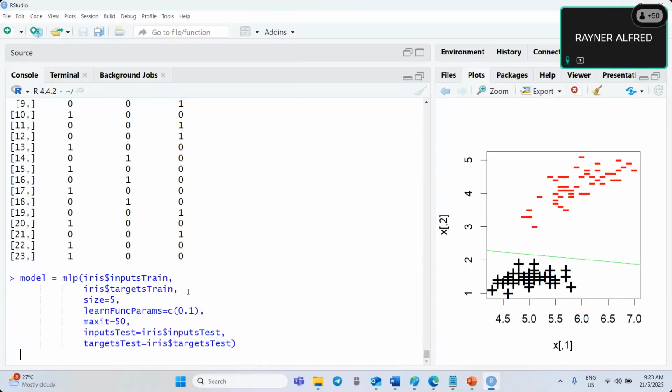So what happened here? We pass the x and the y here. So this is the number of hidden layers. This is the learn function parameter.